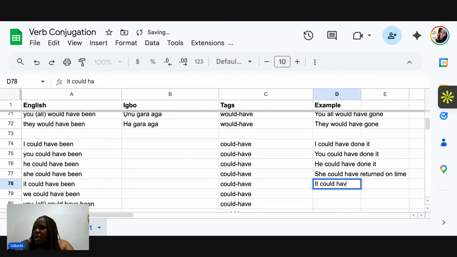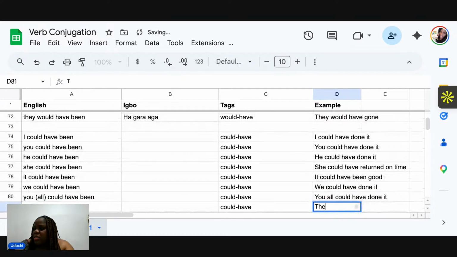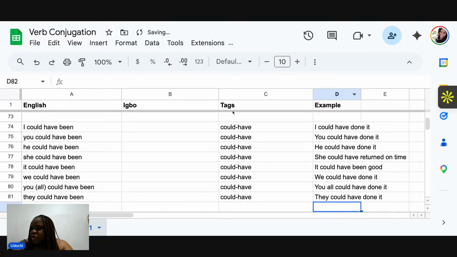It could have been good. We could have done it. You all could have done it. They could have done it. Okay, let's try some Igbo.